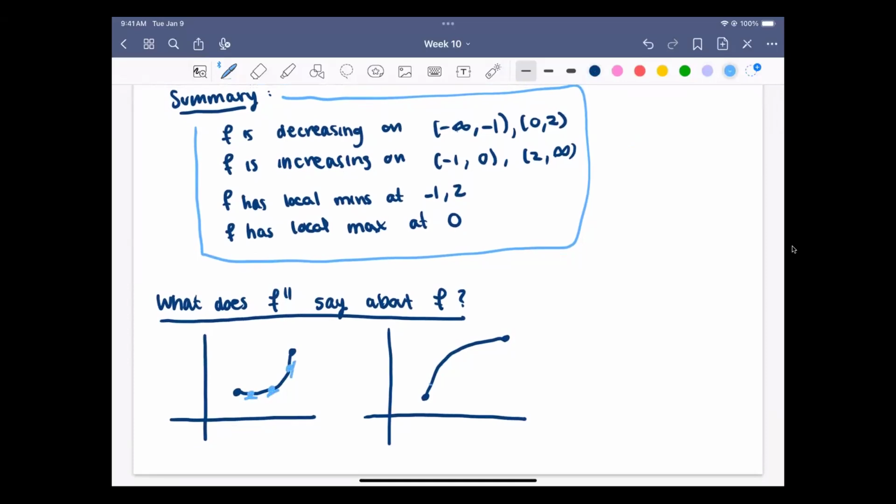And here I have the other situation where I start with a large slope, and then as I go along, I have smaller and smaller slope. So in this picture, the slopes are increasing. And in this picture, the slopes are decreasing.